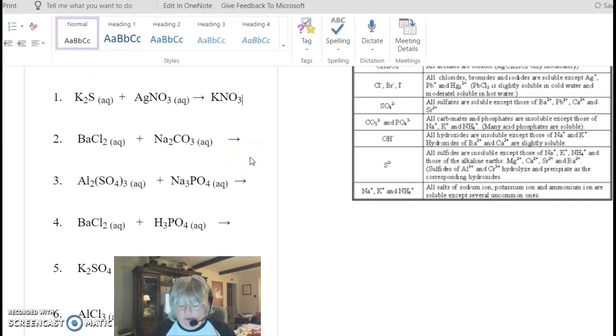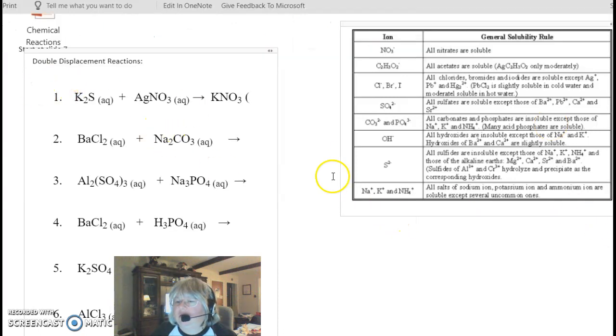Now, before I go on, I have to decide if that's going to be a precipitate or not. If I look on my table, it says all nitrates are soluble. So it's going to be aq, aqueous, or in solution.